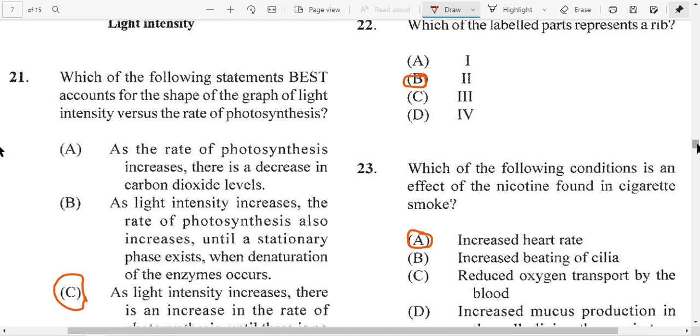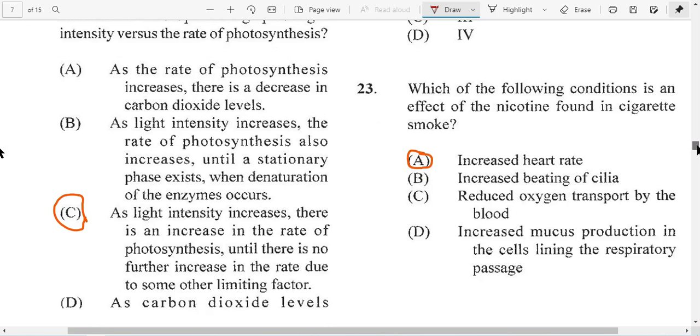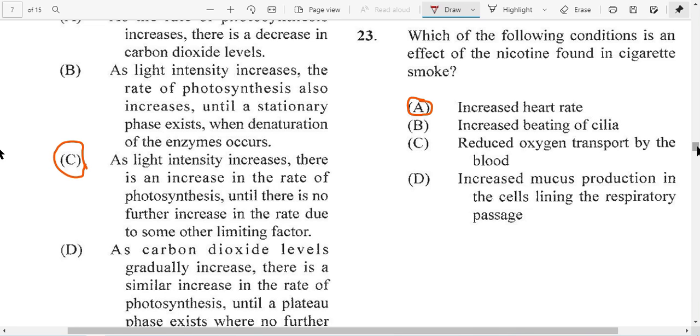B: as the light intensity increases, the rate of photosynthesis also increases until, we're not seeing that either. Let's look at C. As the light intensity increases, there is an increase in the rate of photosynthesis until there is no further increase in the rate, and this is due to some other limiting factor. And we would have seen there that the limiting factor was of course carbon dioxide.